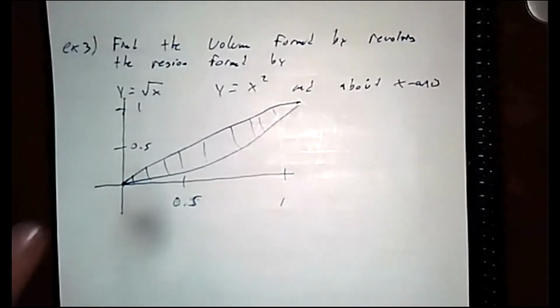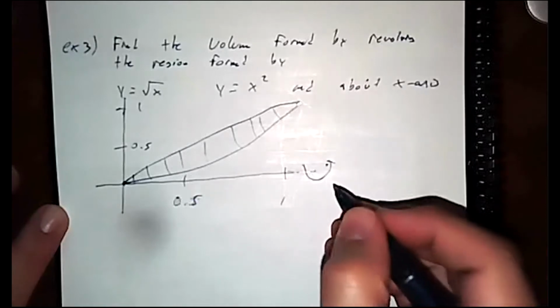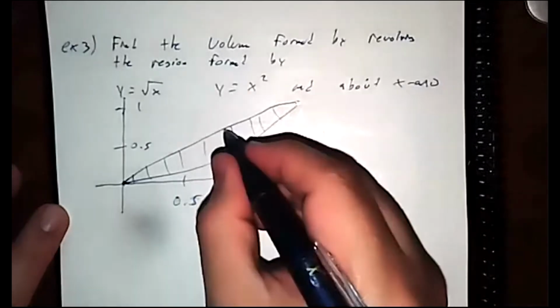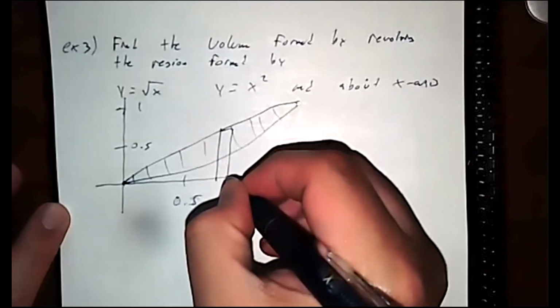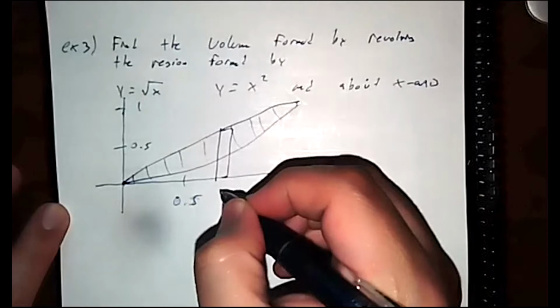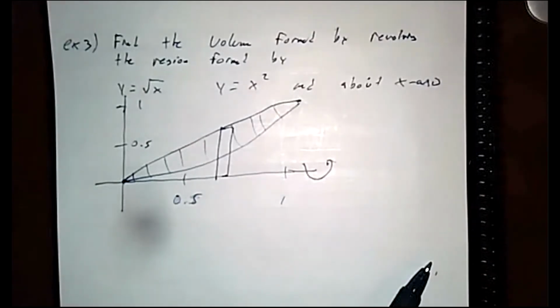So if I'm rotating about the x-axis, that's when you start to see the hole. So we have this outer radius and this inner radius. Hold on a second. Make sure I drew that right.